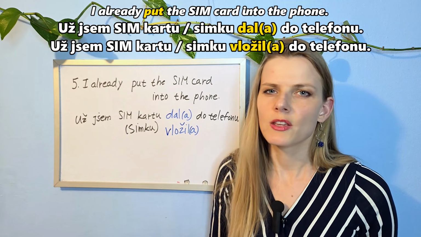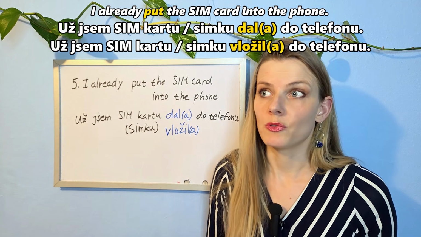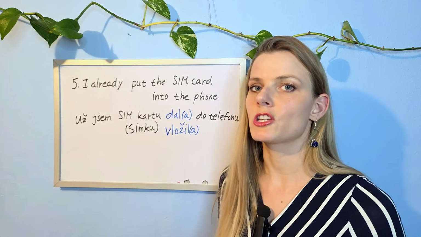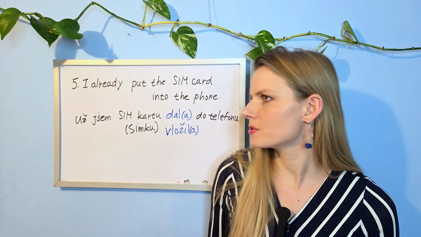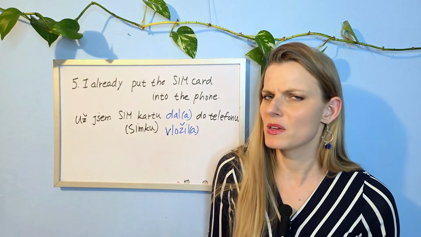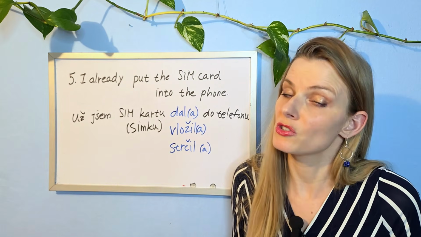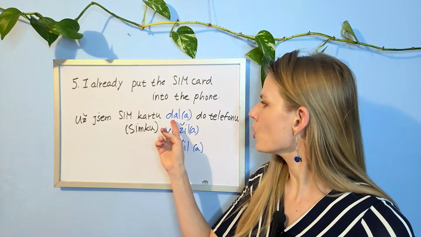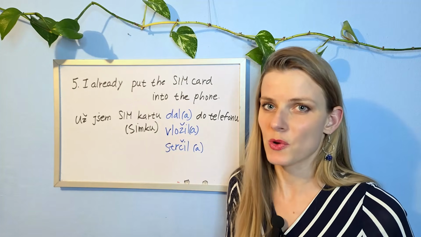Well, in English, it wouldn't say put the SIM card into the phone if it was official or formal. What about strčit? Strčit, to shove. Už jsem simku strčila do telefonu. Yeah, maybe. It would be very, very informal. It could work too. And you know that položil do telefonu, postavil do telefonu is out of the question.